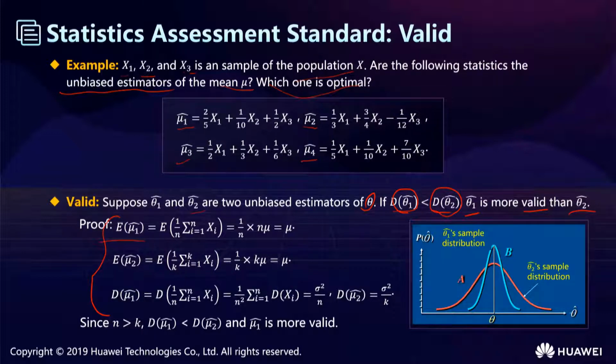So we can check which unbiased estimator of the mean mu is the optimal. We will see their variance. First we compare their unbiasedness, and then we compare their variance and see their validity.